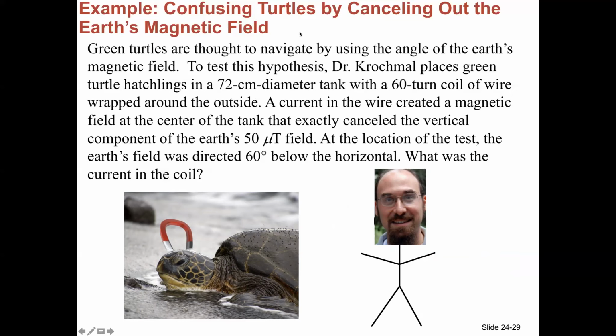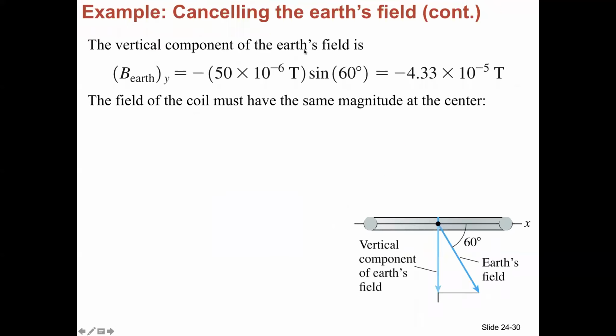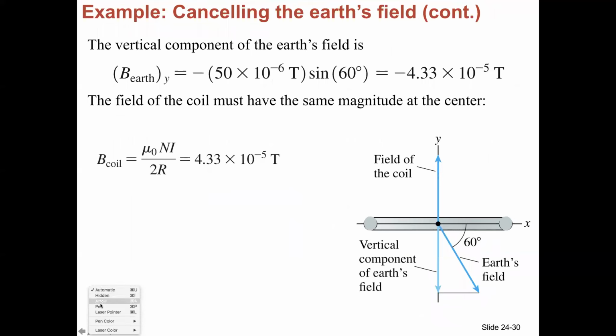So we have the diameter of the tank. So N is 60, and the radius is 0.72 meters divided by 2, because we were given the diameter. All right, take it away, get me the current and its direction through the loop.